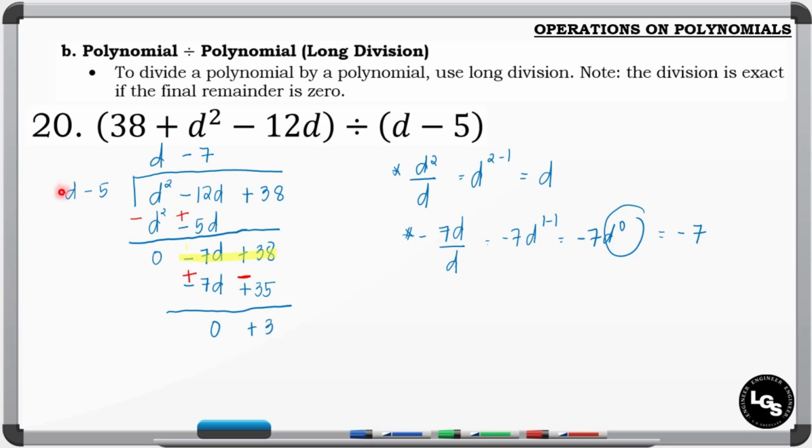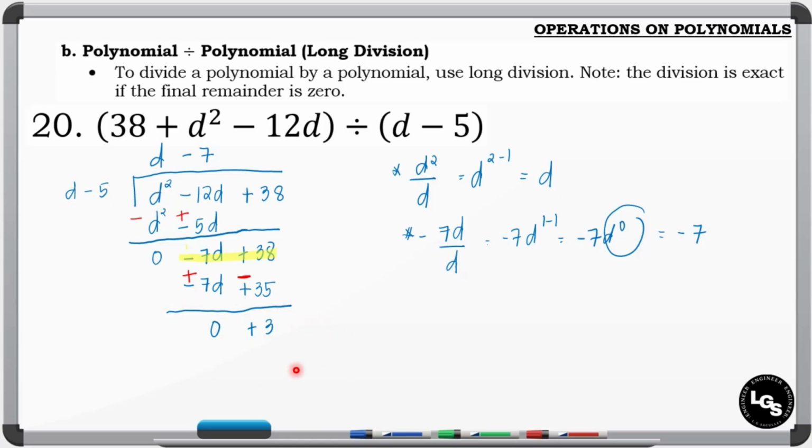Positive 3 divided by d cannot be divided already because it has a lower degree than the divisor, meaning the degree of d here is equal to 0. So there is no variable already. If we cannot divide the remaining dividend, because we cannot bring down other terms from the original dividend, this is the remaining dividend. If we cannot divide this by the divisor, we stop the division process.